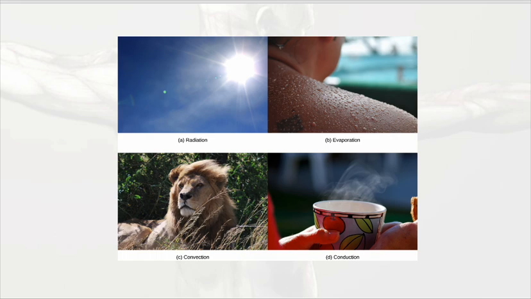So evaporation is the physical process where a liquid, such as water, transforms into a gas, water vapor, at the surface. So it's a critical component of the water cycle, and it's driven by heat energy, usually from the sun. So say we're out in the sun or even exercising, and our body temperature is rising.